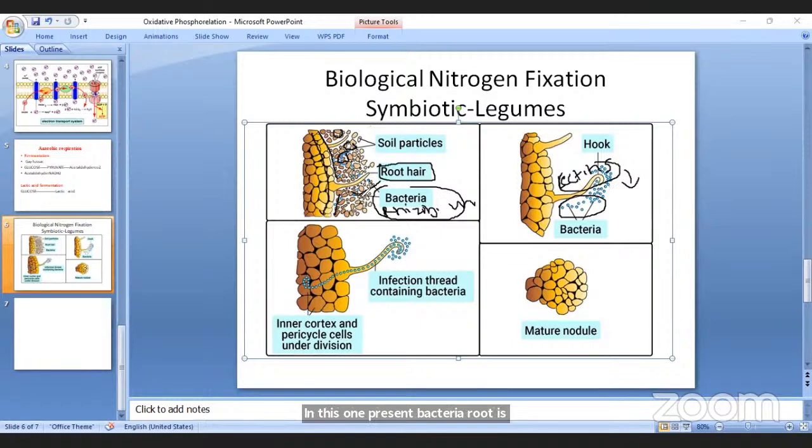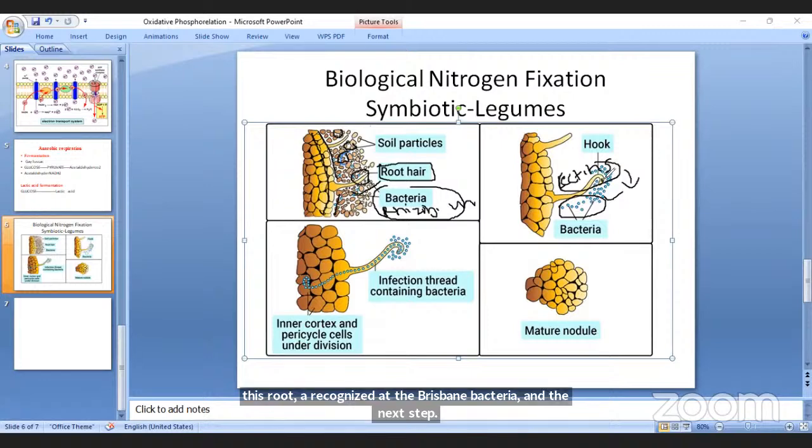The next step, this is the normal root hair. After recognition of the bacteria, immediately this root hair recognizes the Rhizobium bacteria, and in the next step it is curved into a bend-like structure. The curl at the tips is called Shepherd's crook.